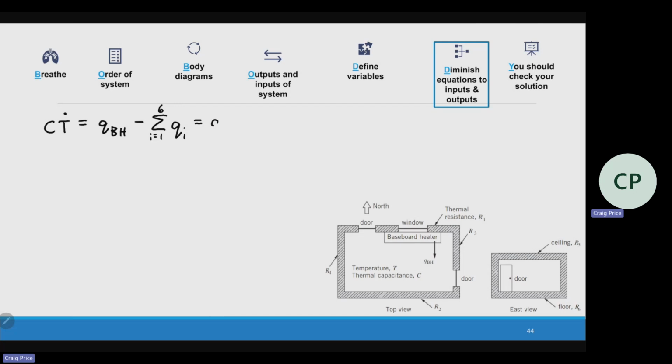And so this is going to be like T minus T ambient over R1 plus all the way to T minus T ambient over R6.